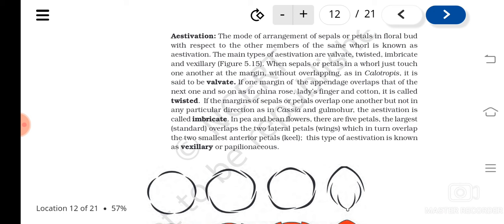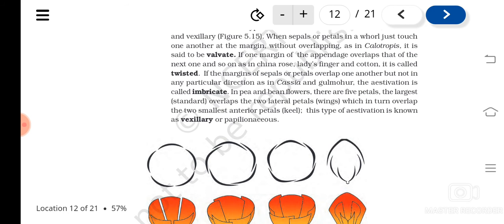So in vexillary or papilionaceous estivation, how many petals will be there? Five petals. What are they? One largest standard petal, then two lateral petals and two anterior petals, which are joined to form a single structure known as the keel petal. Here you can see the largest petal, the standard petal, overlaps the two lateral petals. They are found outside the lateral petals, isn't it?